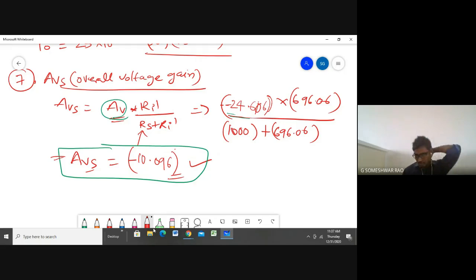Any units for this? Now from this, we need to observe one thing. What AV value did you get? Minus 24.606.